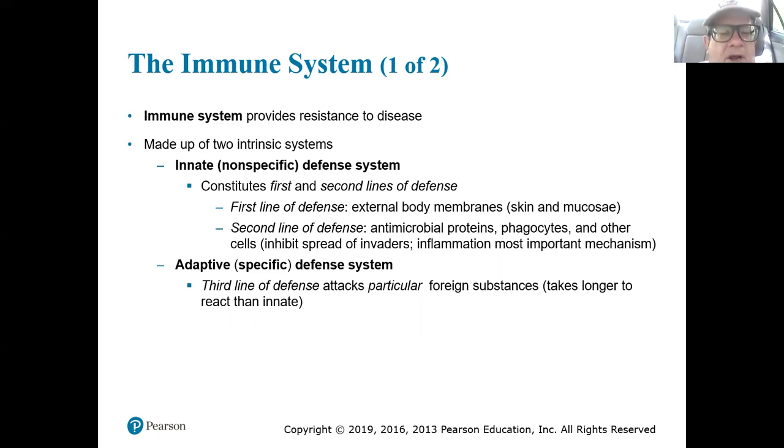Adaptive ones are defenses that take longer to mount, but they tend to be more specific, instead of just a general, oh, I attack anything that doesn't belong. These are defenses that are specific to invaders.